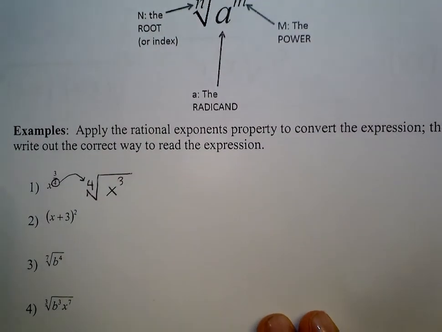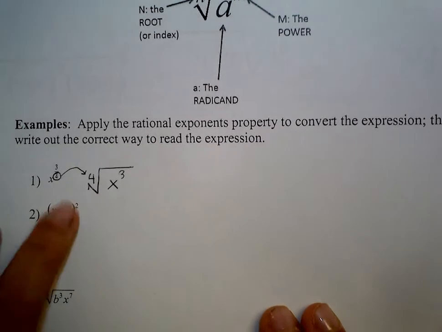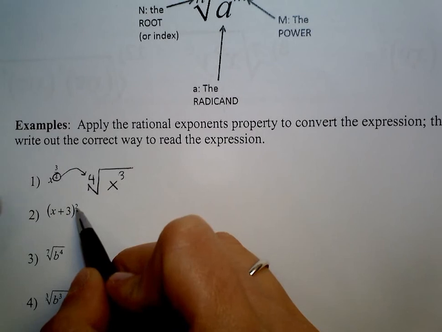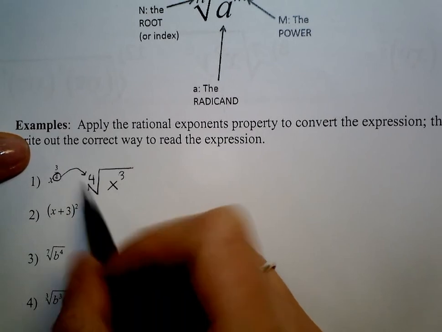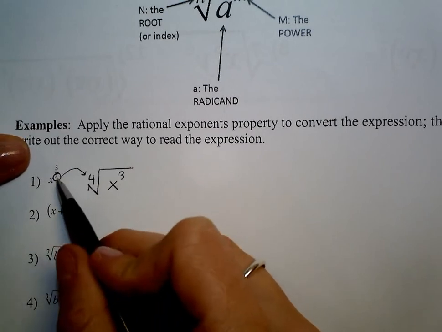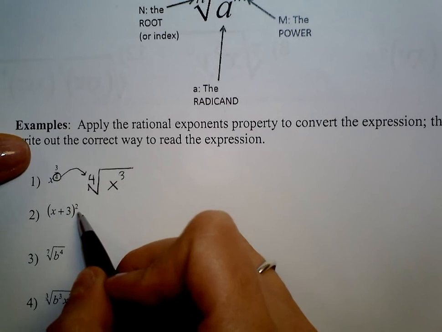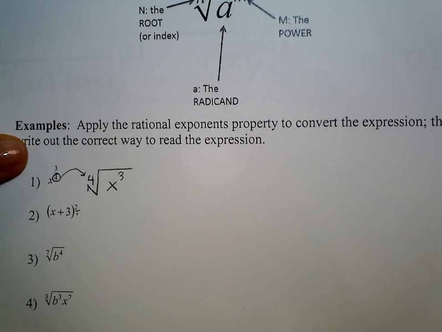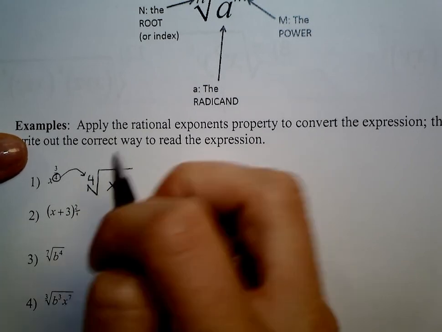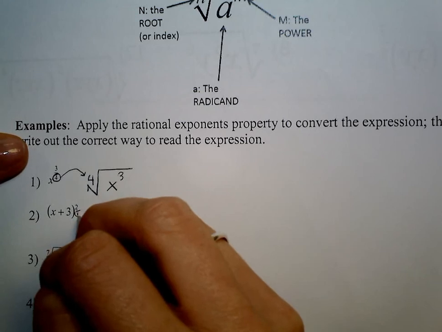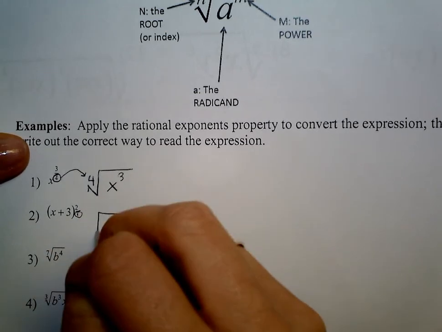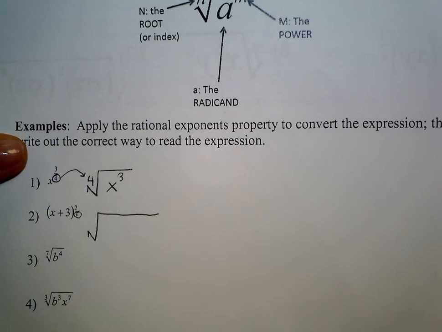So now let's look at this one. Now let's look at my exponent. My exponent here is just 2. Well, that doesn't make sense because here I need a denominator. So now what do we do? Remember, we can always write this as 2 over 1. So I can circle my denominator, write my radical.